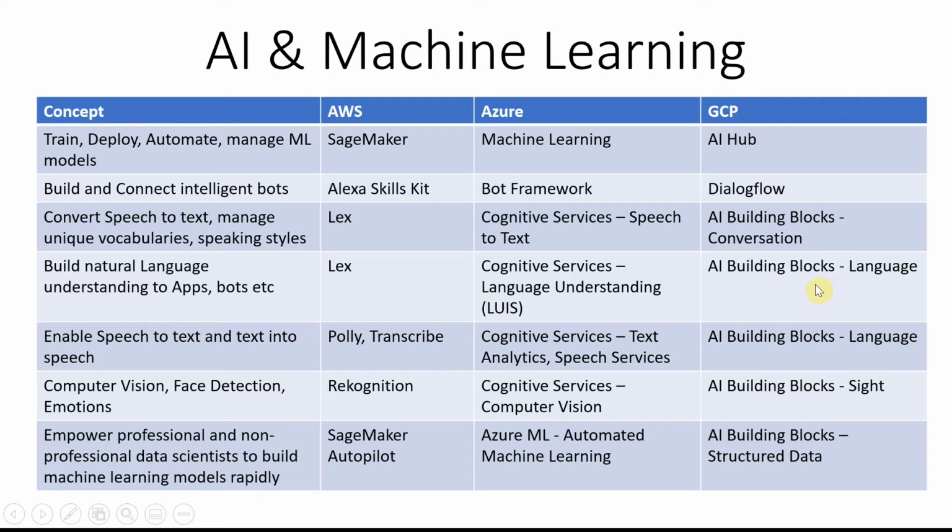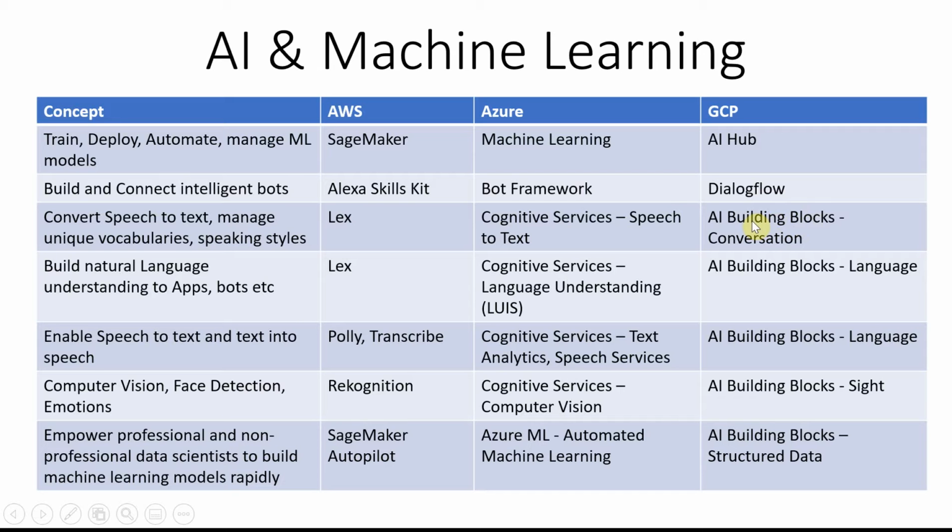On the GCP side, a lot of names have changed in the recent past. This is probably the final convention that they concluded, because with the old names you see a lot of content, but they are now logically renamed.